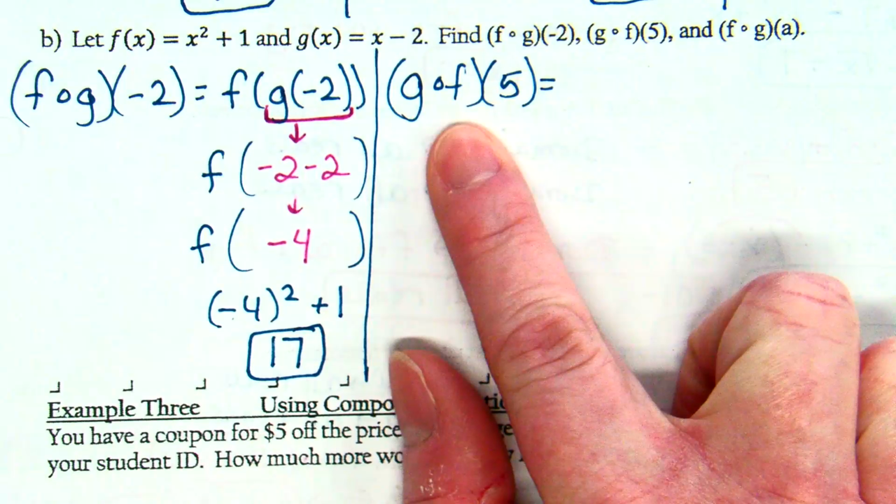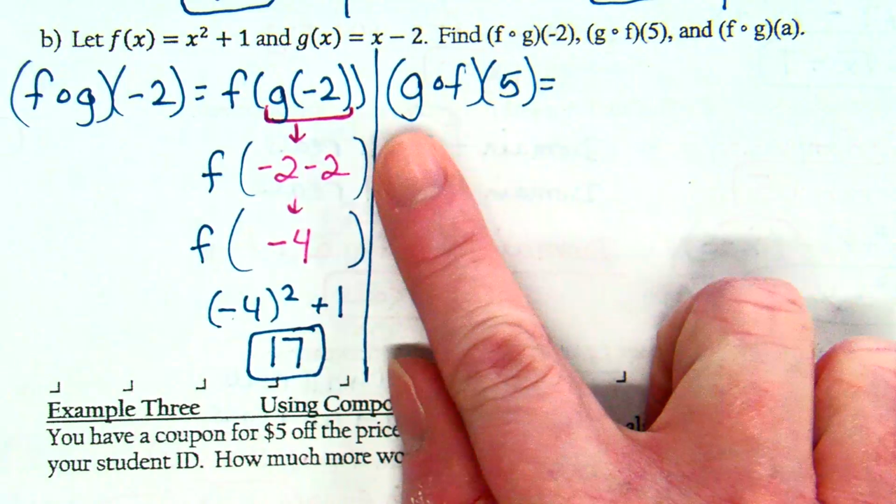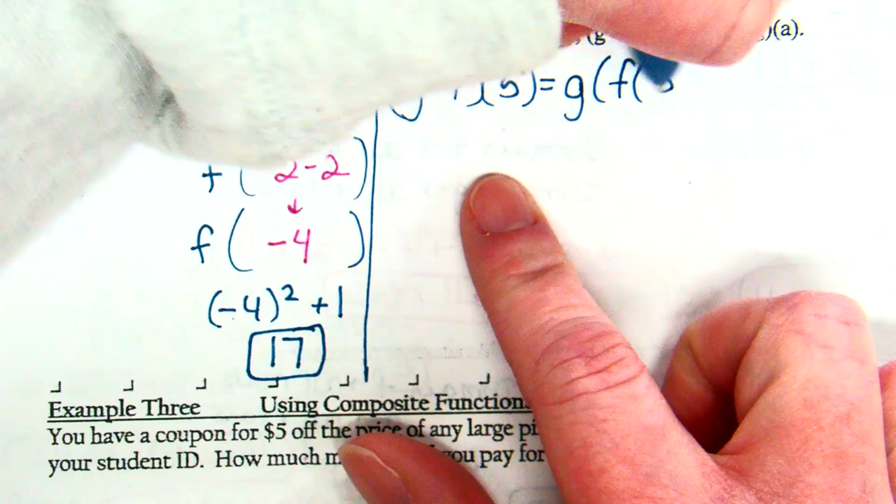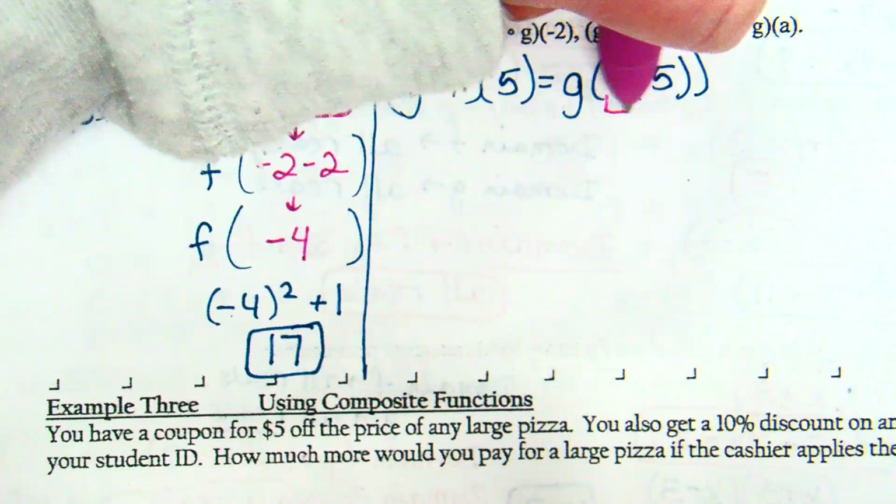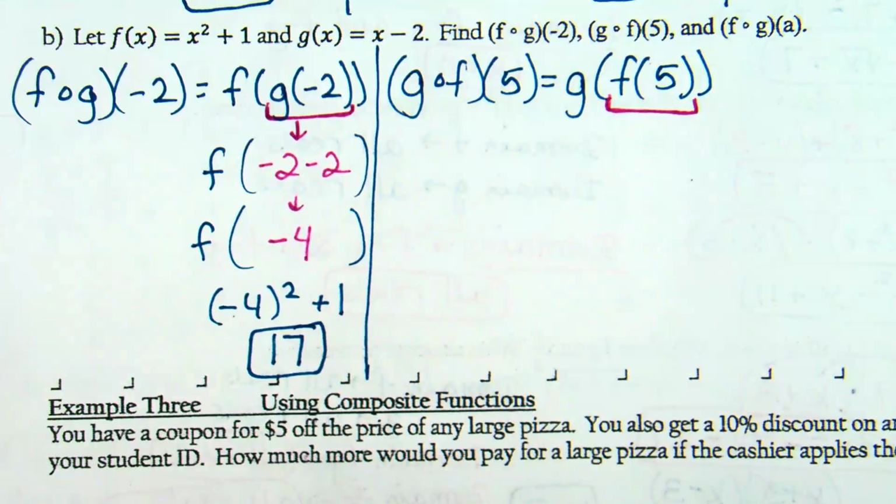Here, let's try this one real quick. G of F of 5, G composed with F. Start with F of 5. So 5 goes into F. What was F? x squared plus 1.